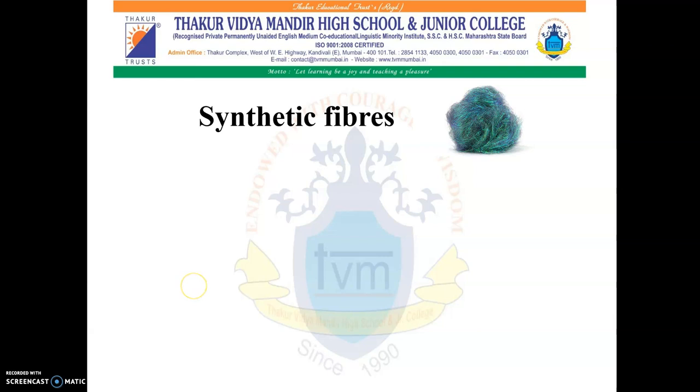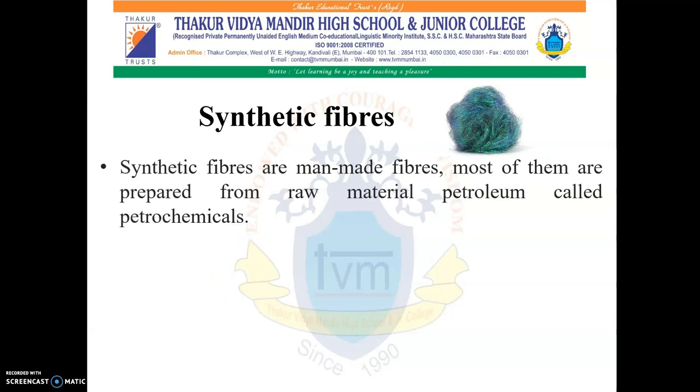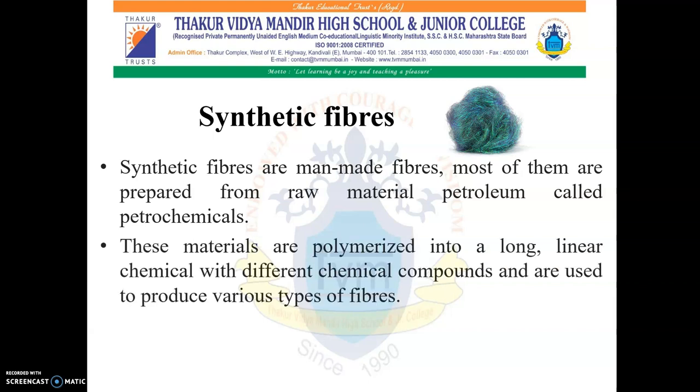Now, let us understand synthetic fibers. Synthetic fibers are man-made fibers. Most of them are prepared from raw material petroleum called petrochemicals. These materials are polymerized into a long linear chemical with different chemical compounds and are used to produce various types of fibers.